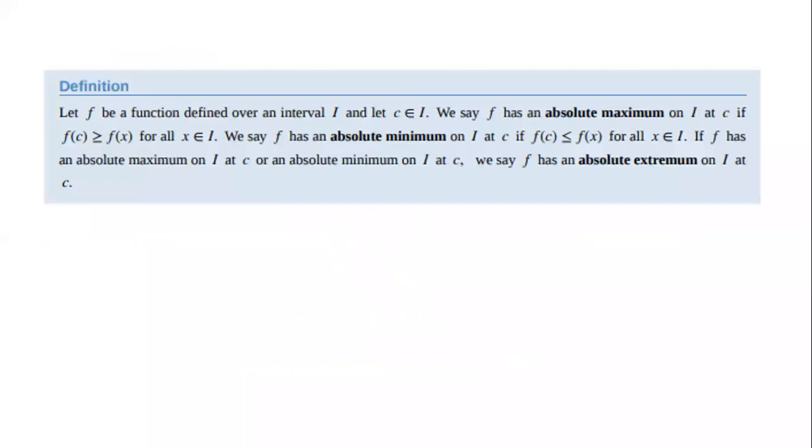Okay, so to define it, let f be a function defined over an interval I, and c is a member of I. We say that the function has an absolute maximum on I at c if f of c is greater than or equal to f of x for all x in I. We say it has an absolute minimum if f of c is less than or equal to f of x.